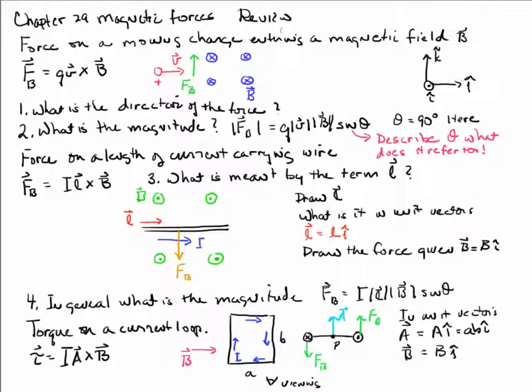Now, what do I need to do just to get the direction? So once I get the direction, I get the torque. Well, I need to form the cross product i cross j. And that gives me the magnitude of the torque times i cross j, which gives me a torque in the positive k hat.